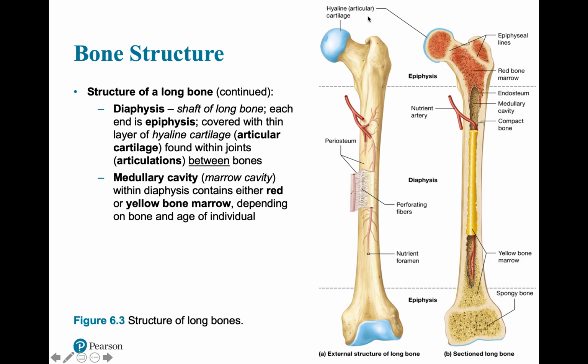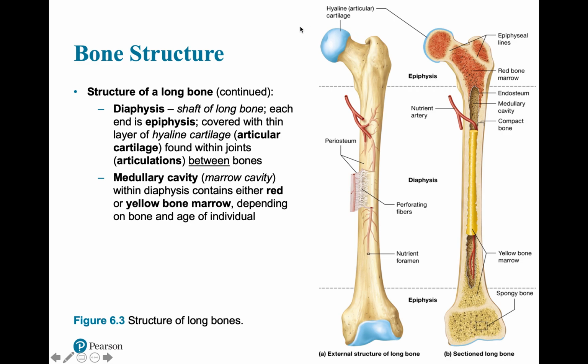The epiphyses will participate in forming joints. Remember, long bones are primarily found in the appendicular skeleton of the upper limbs and the lower limbs. Every long bone will have a proximal epiphysis as well as a distal epiphysis. So here, this is the head of the femur that forms the hip joint.